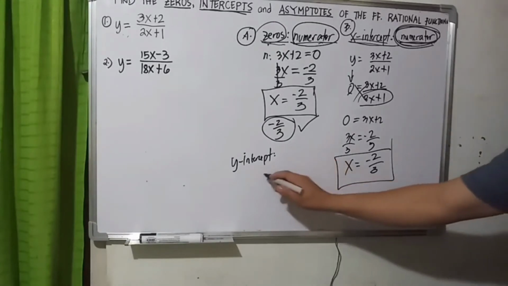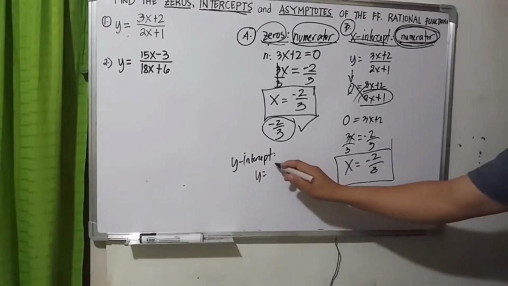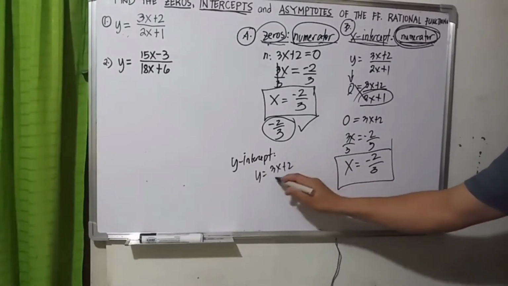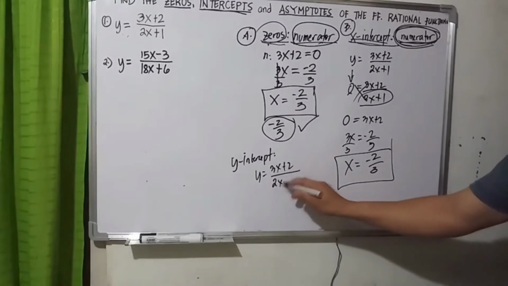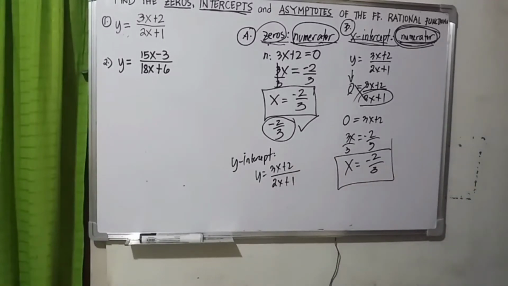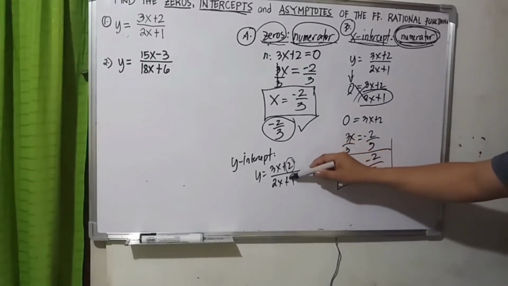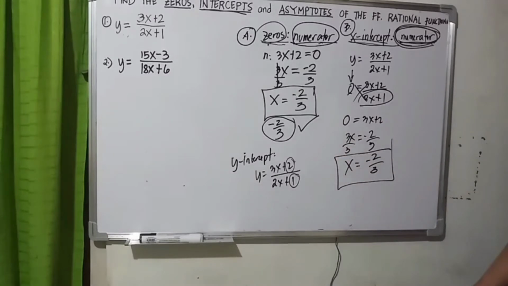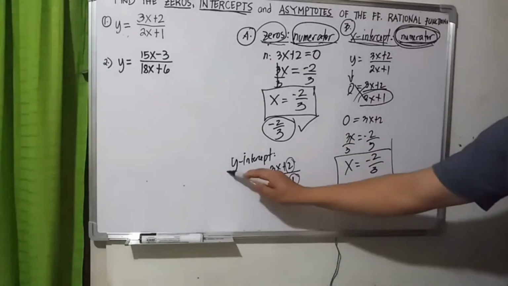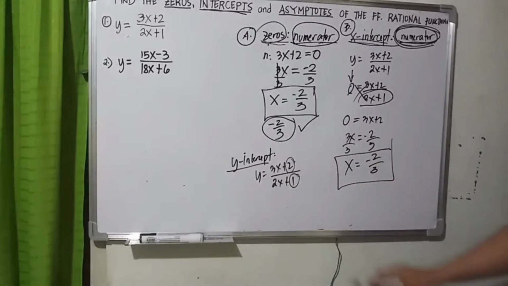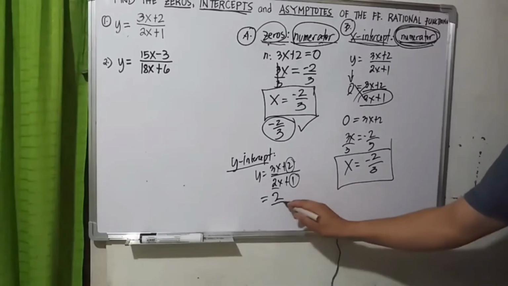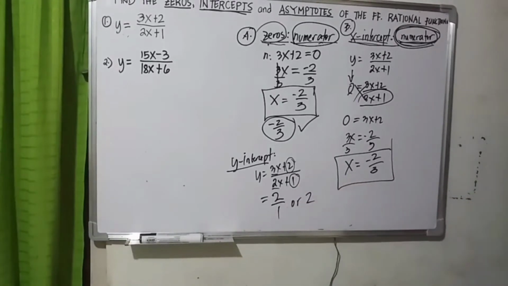So y equals 3x plus 2 over 2x plus 1. To find the y-intercept, tandaan, ang last term ng numerator, that is 2, and last term ng denominator, that is 1, is the value of the y-intercept. Kasi magiging 0 na yung x. So, yung y-intercept is 2 over 1, or that is 2.